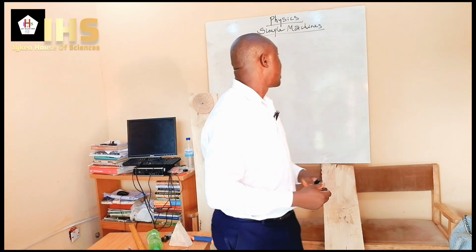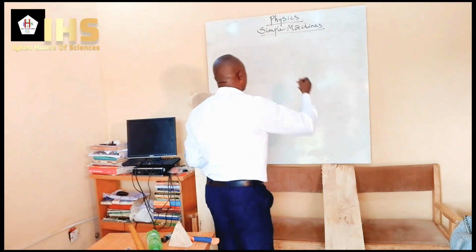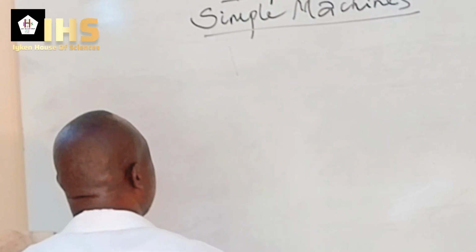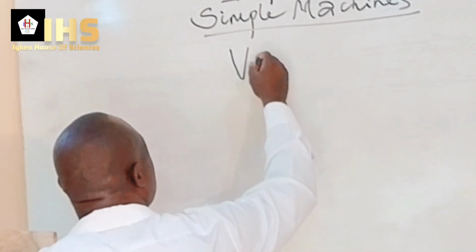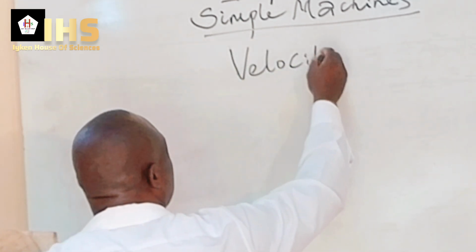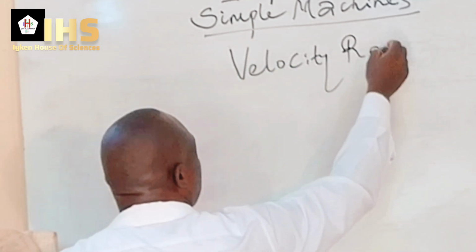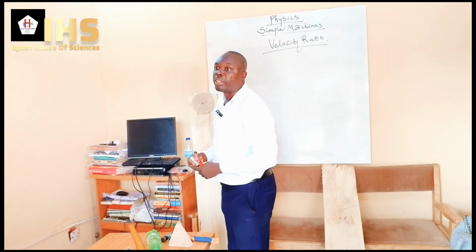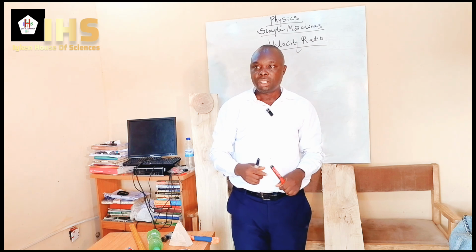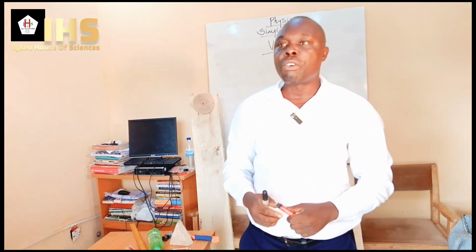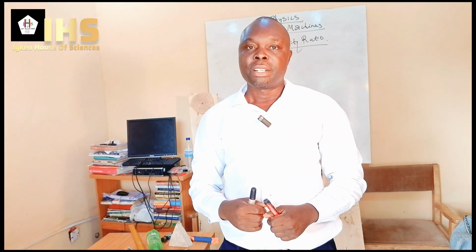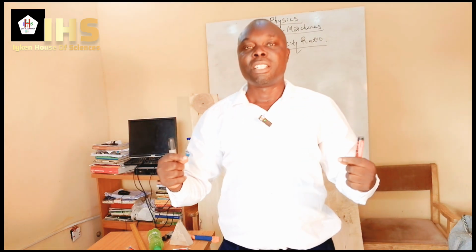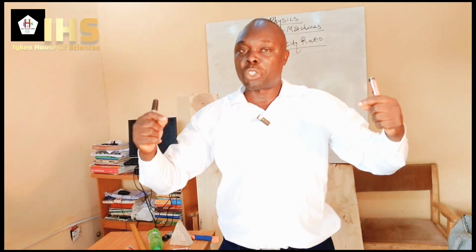Today we're going to look at what we call the velocity ratio. Velocity ratio of a machine depends on the geometry of that machine, how that machine is constructed.